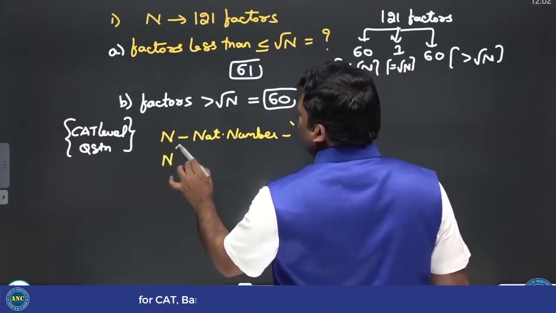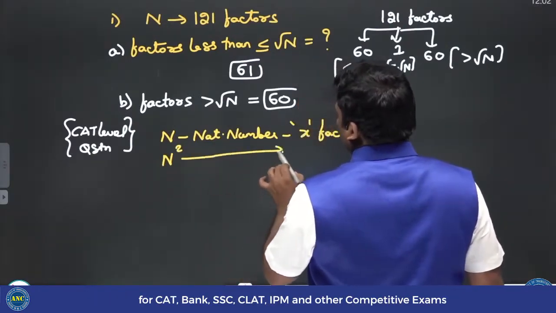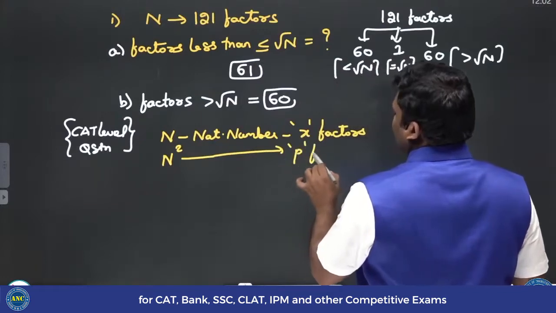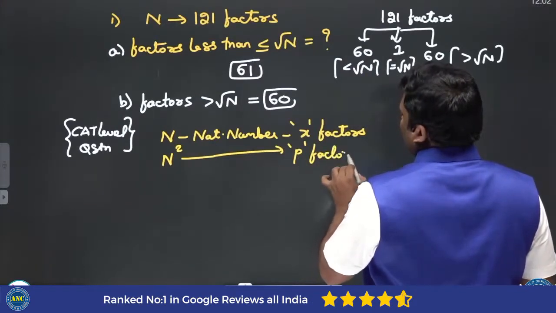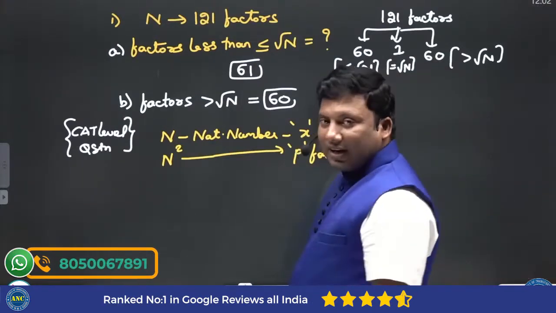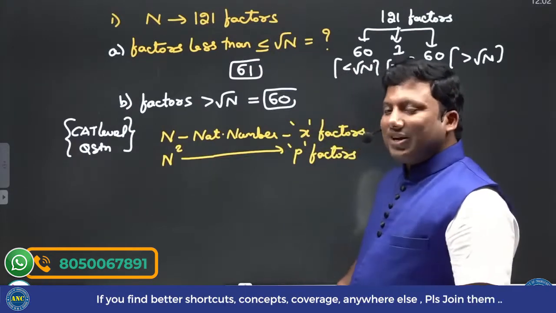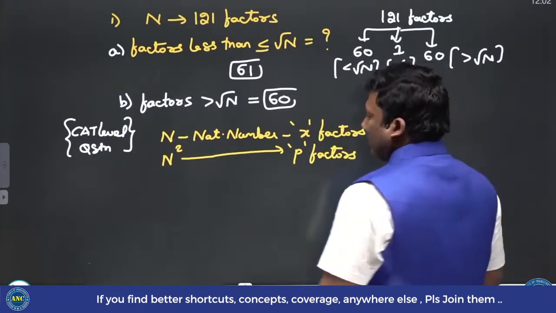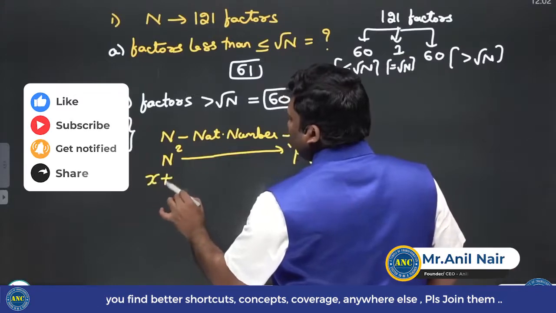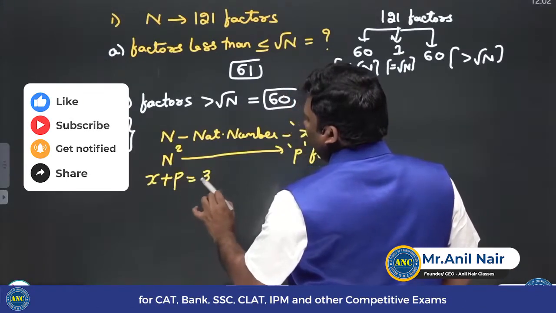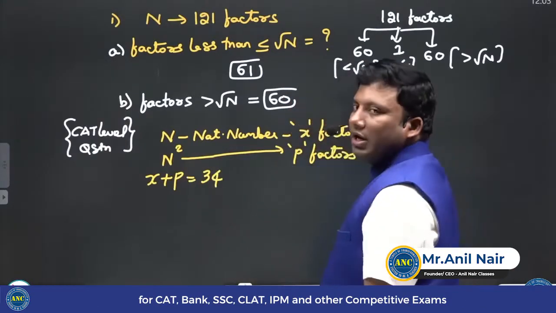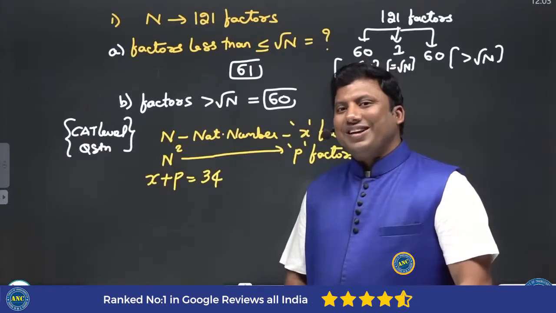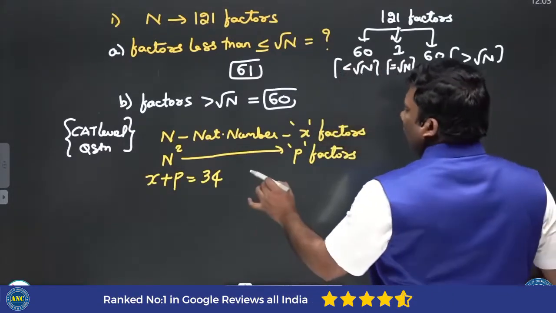I squared this natural number and got p factors. X plus p came out to be 34.